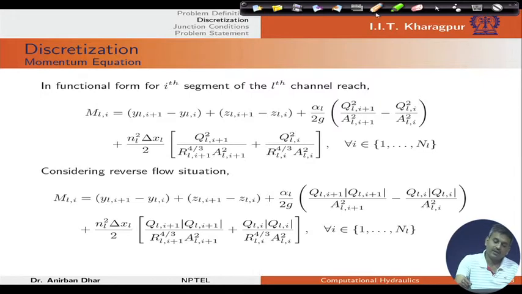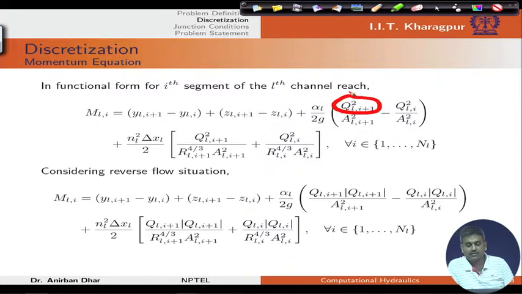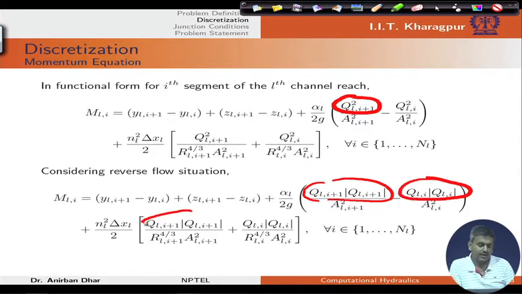So, if we use this square term here there will be a loss of information. So, instead of using this square we will utilize q L I plus 1 times the absolute value of q L I plus 1. Obviously one term will get a positive value, and the other term, whether it is positive or negative, will be considered during the calculation process. Similarly, we can define the terms here.